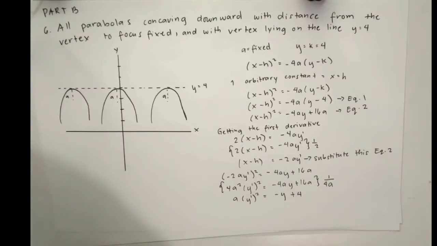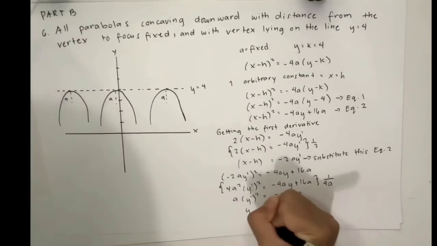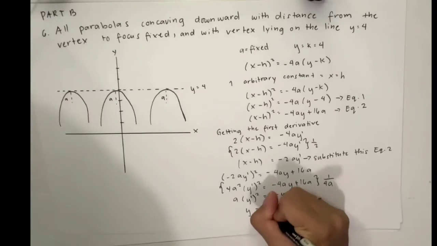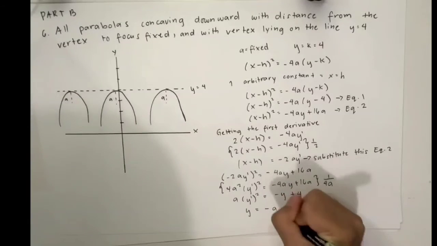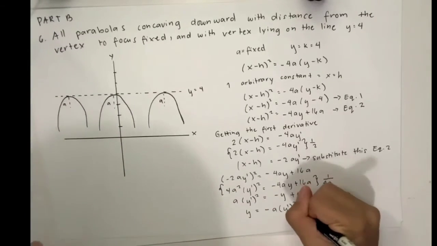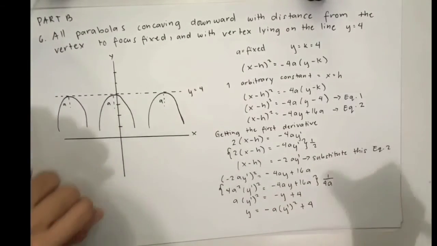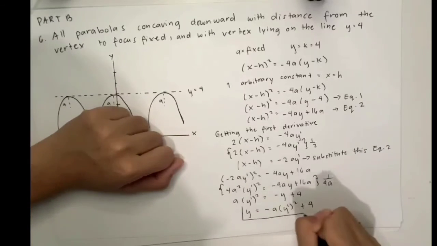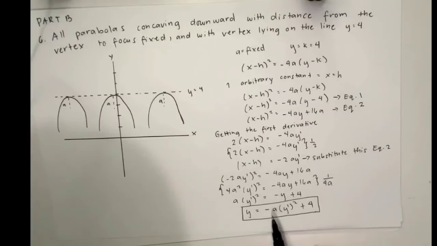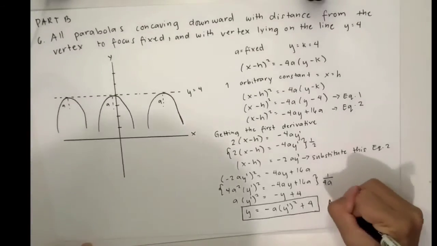And then we can transpose this to the other side para maging positive siya. Y is equal to, and then we can transpose this to the other side, so magiging negative na siya. Negative a y prime raised to 2 and plus 4. So this is our final answer. Y is equal to negative a y prime squared plus 4.